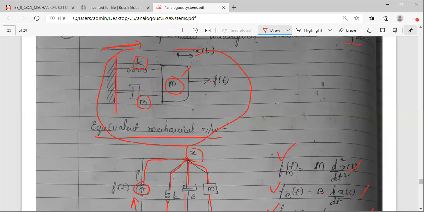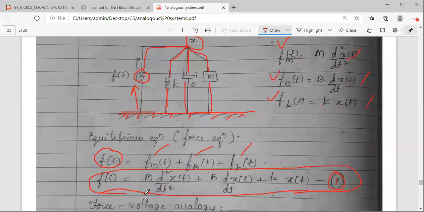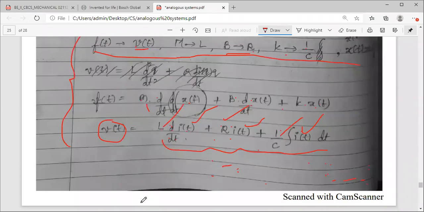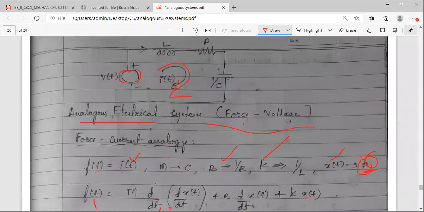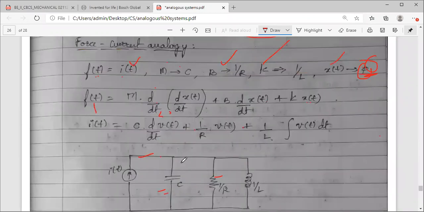So those many number of nodes do exist. Like in force voltage analogy we took only one loop, so in force current analogy we have to take only one node. Let me take that node here, somewhere here, say X. Okay, but however X is what here? Phi. But in case of force current, we take it as V. Okay, EMF V we take.